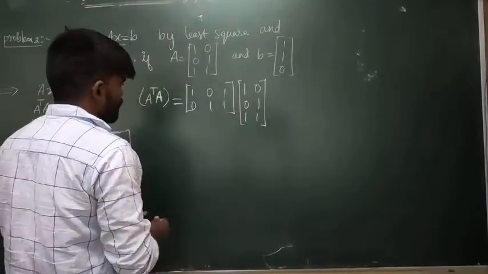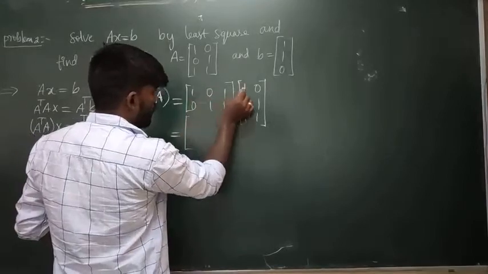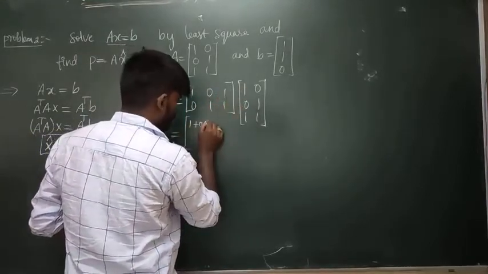Multiplying these two matrices, we get: 1 into 1 plus 0 into 0 plus 1 into 1, which is 1 plus 1 = 2.